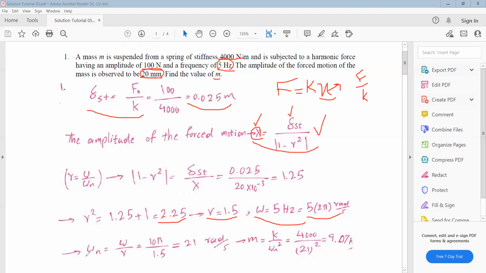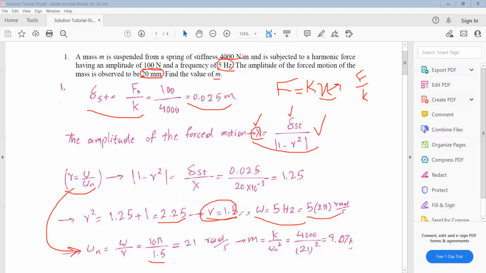So omega n is equal to omega divided by r, because r is omega divided by omega n. Instead of omega, we have 10 pi radian per second, and r is 1.5.